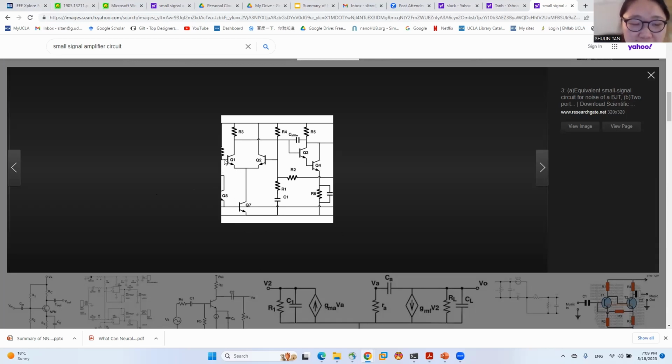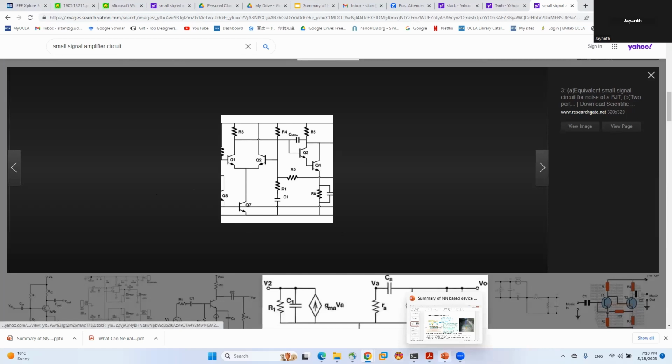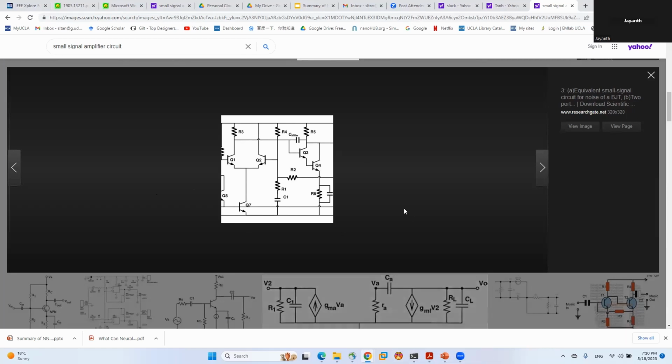Do they assume that all of the transistors in this circuit diagram are modeled similarly, or do they have some variability, where this gate could act one way and this G2 could act a different way and so on?